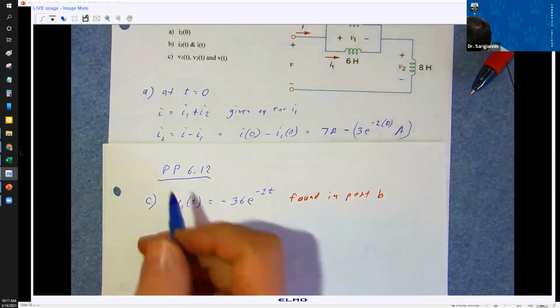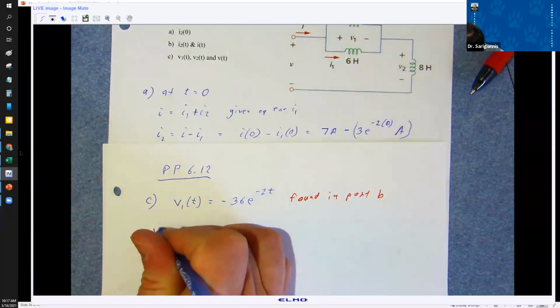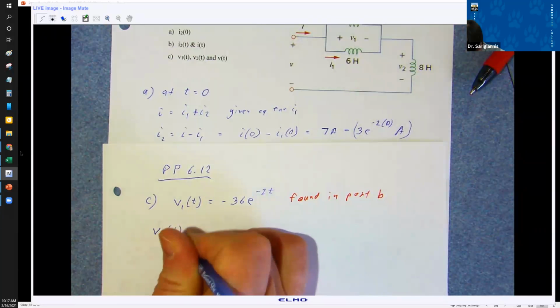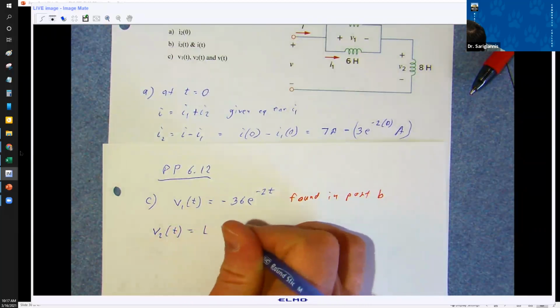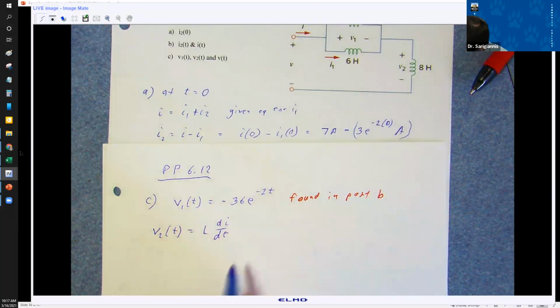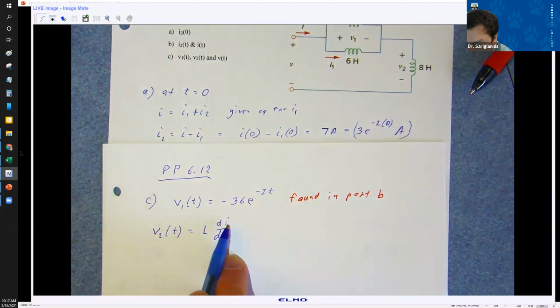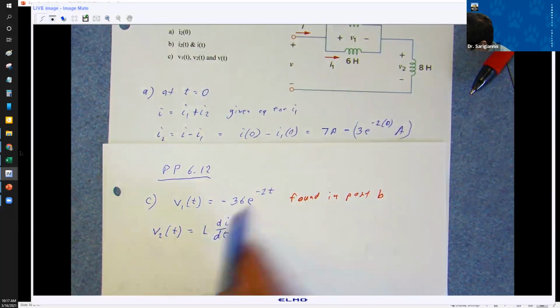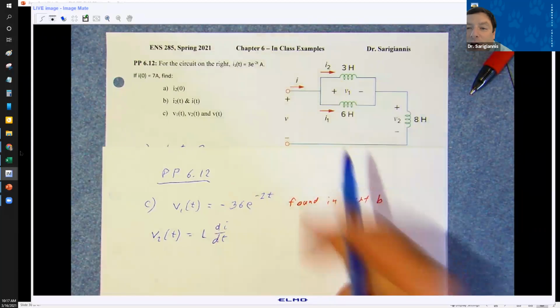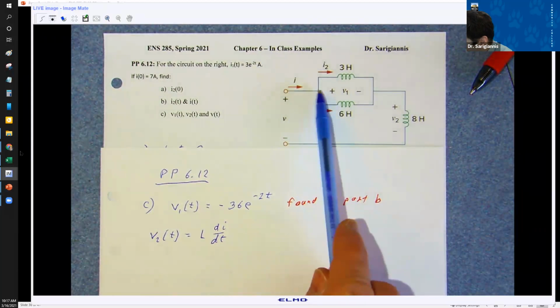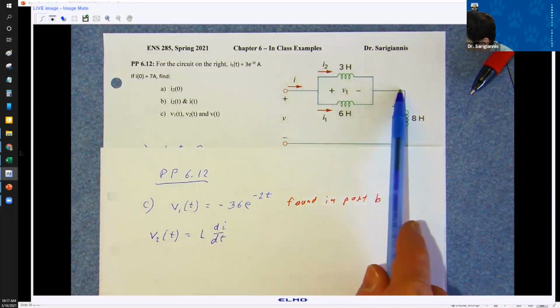Now, let's look at V2 as a function of t. This is going to be equal to L di dt. Now, this is the total current, right? It's not current 1 or current 2. I splits into current 1 and 2, and then it goes back to I over here.